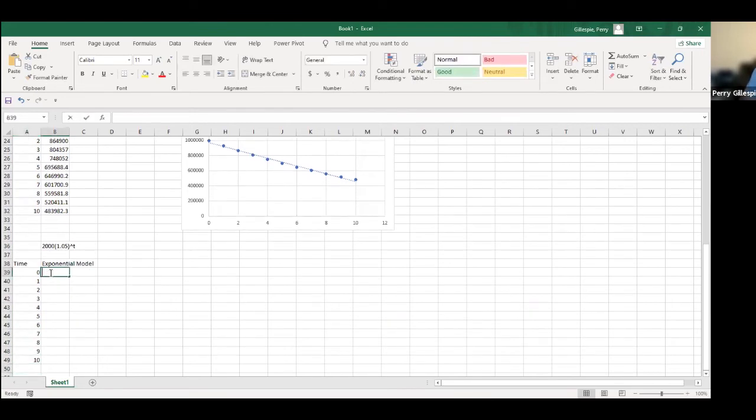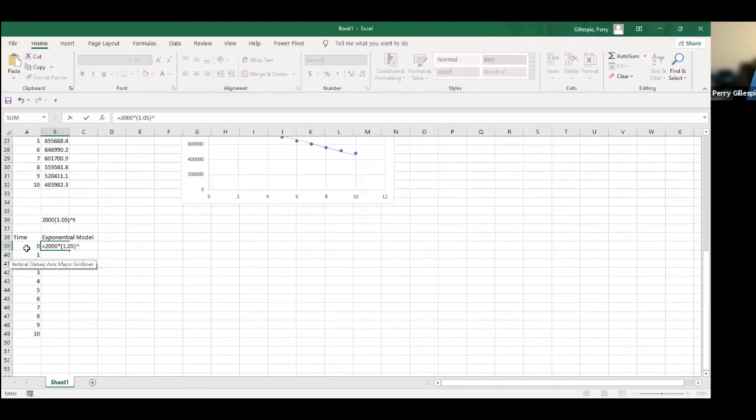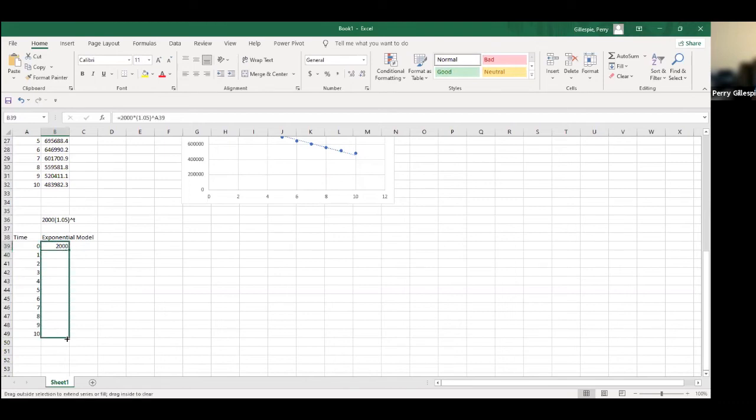And this here is going to be equal to 2000 times, open parenthesis, 1.05 raised to the first one, which is 0. This gives you 2000. Scroll it down. So we see here that these are the values. This is going to be the table that you have.